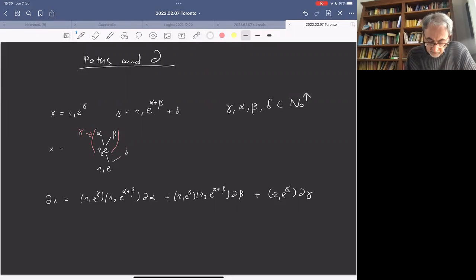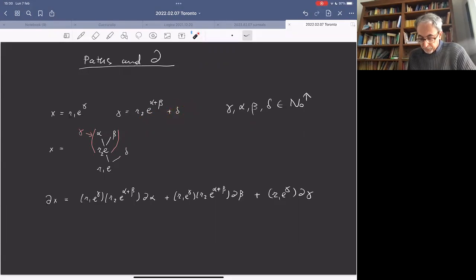So we have r1 e to the gamma. Gamma will be purely infinite if this is a monomial, so gamma will be again some finite or infinite sum. Let me write it in this form. Gamma will be purely infinite, so maybe the first monomial is this one, r2 e to something else, and then plus delta.